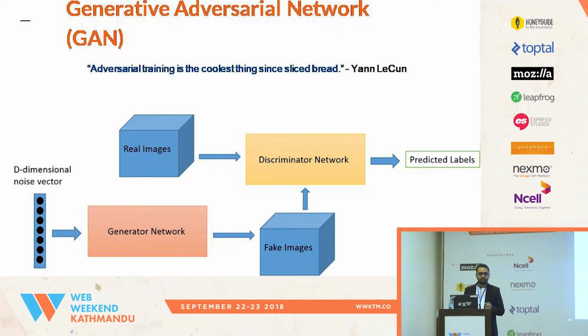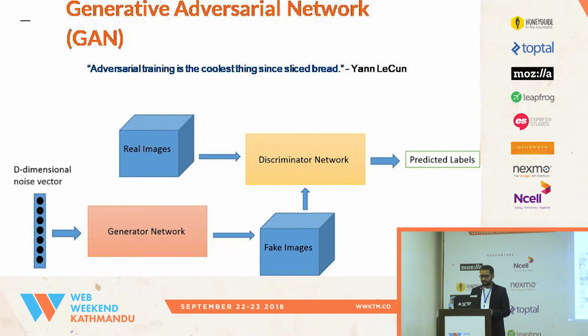There's a generator network and a discriminator network. The generator tries to fool the discriminator, and the discriminator tries not to be fooled. So it's simply like a war between the two. And finally, the predicted labels are treated as the output.